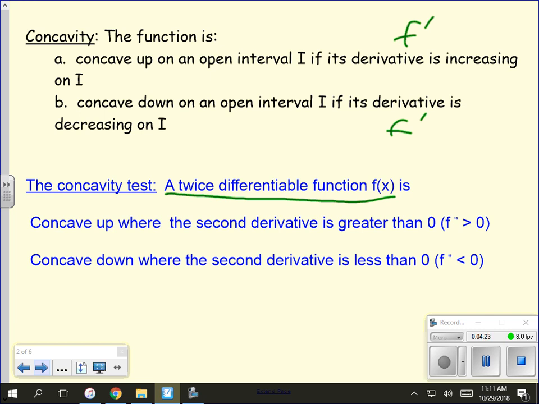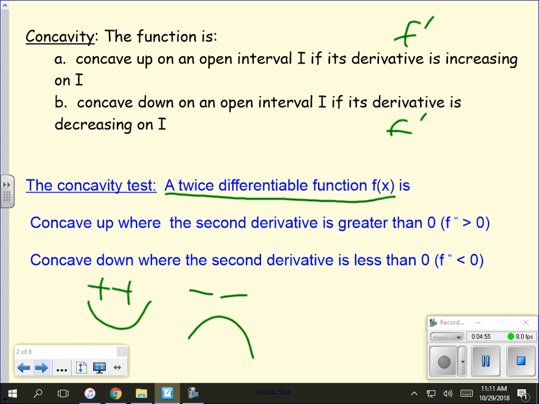It is concave up where the second derivative is greater than 0, i.e. positive. Concave down where the second derivative is less than 0, i.e. negative. If the second derivative is positive, it's concave up. If the second derivative is negative, it's concave down. Concave up, concave down.